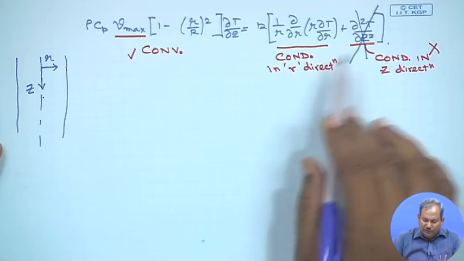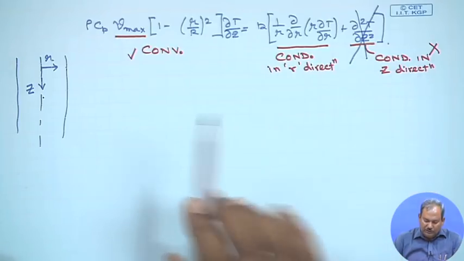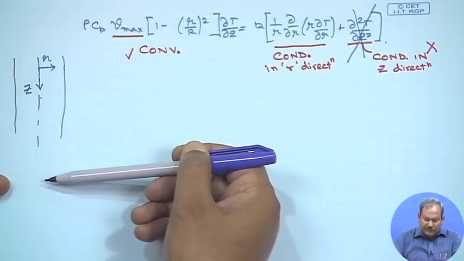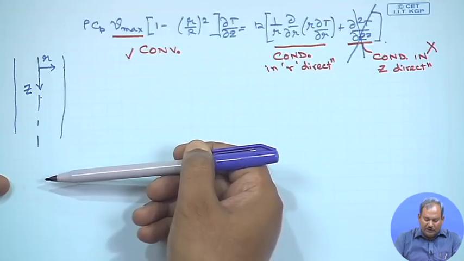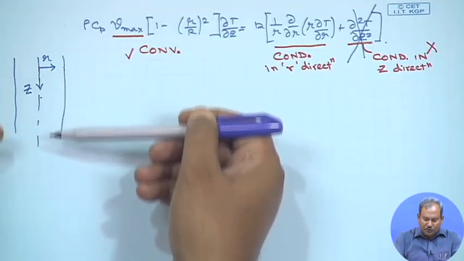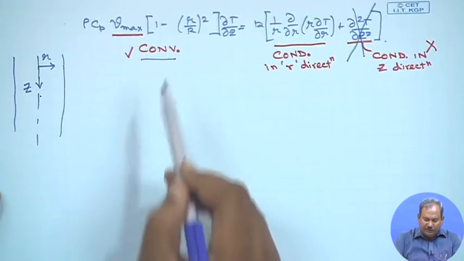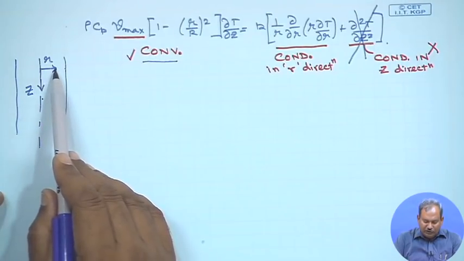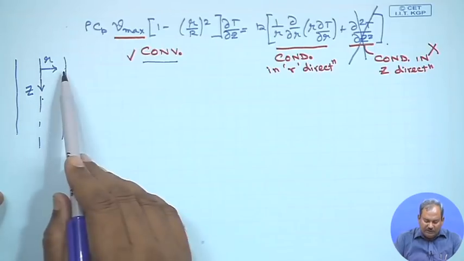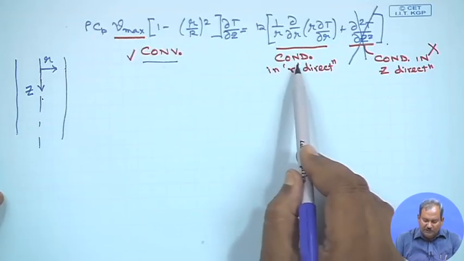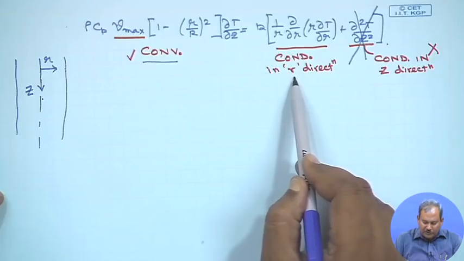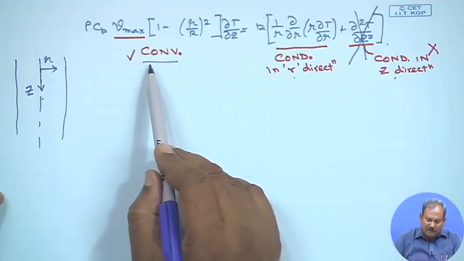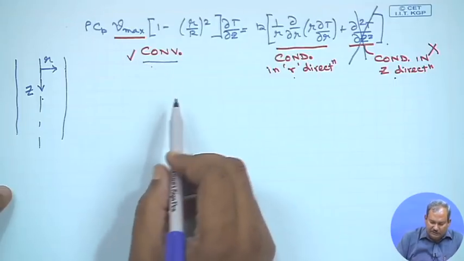So, if you follow this one more time, the motion in the z direction contributes to the heat transfer process. Since it is motion in the z direction, it is convection, whereas the temperature gradient in the r direction is sharp, and therefore, the heat transfer in the r direction is principally governed by conduction, whereas the effect of conduction in the z direction is small as compared to the convection in the z direction.